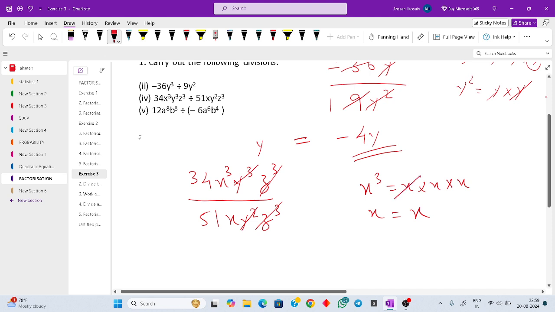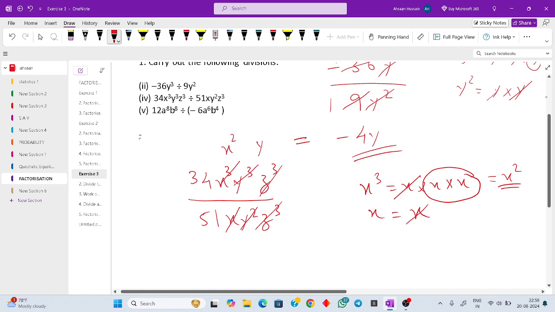So after cancelling, how many x are left? Two x's are left. So x multiplied by x equals x square. If you cancel these two, x square is left.